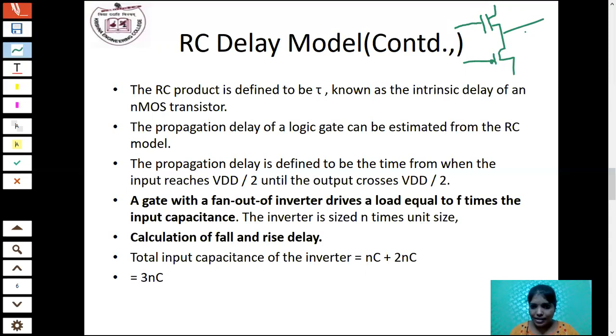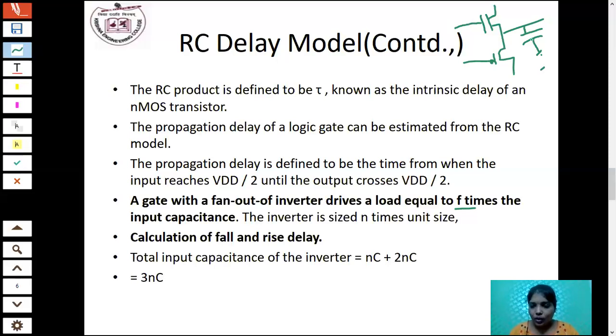So how do we measure the load capacitance? A gate with fan out inverters drives a load equal to F times the input capacitance. What is the meaning of load capacitance?